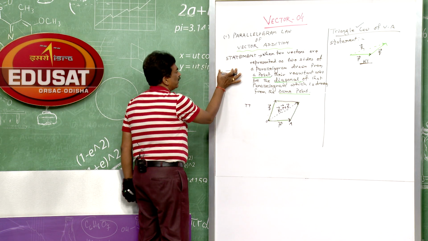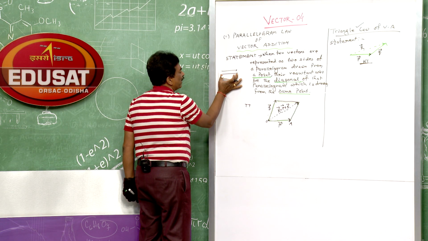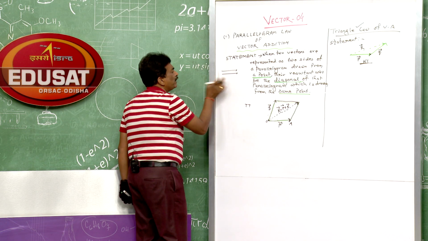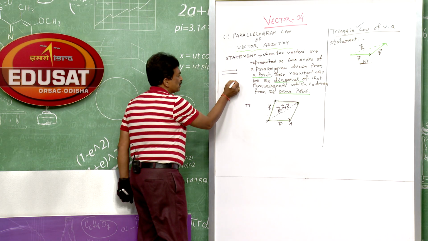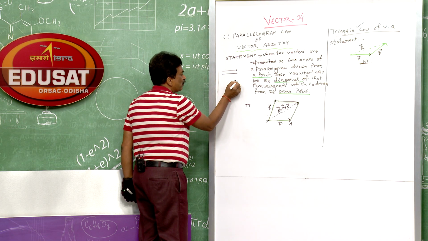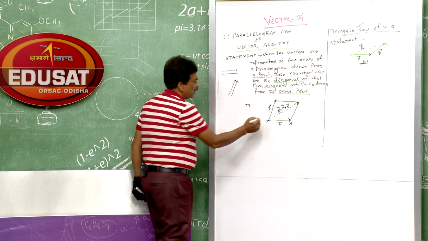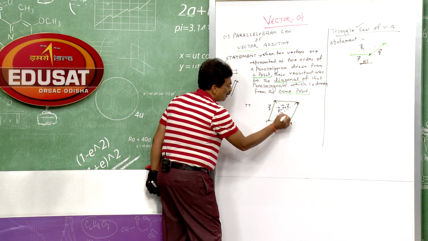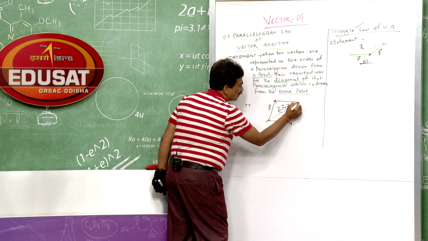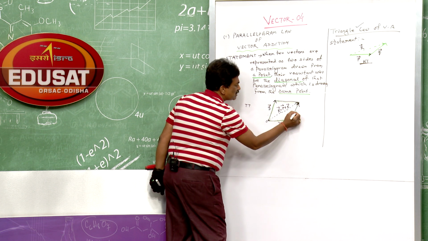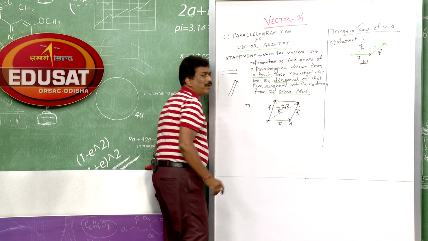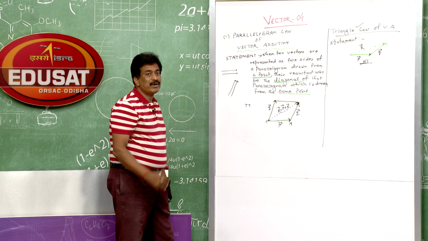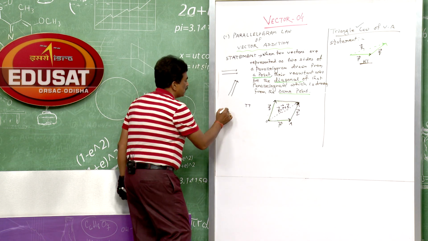Means this first vector's magnitude and this second vector's magnitude are the same and they are in the same direction. Suppose this is one vector, which one will be the similar, and this is the equal vector. You see, if this is one vector and we take this as the another vector, if this is the Q vector, this vector will automatically be Q according to the parallel shift we have discussed.